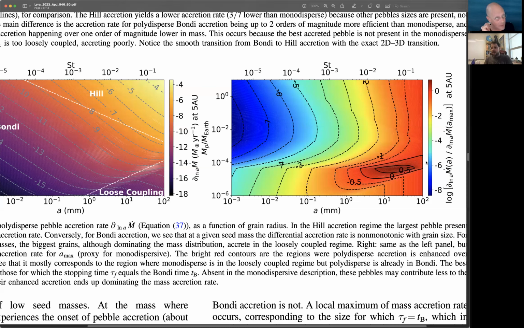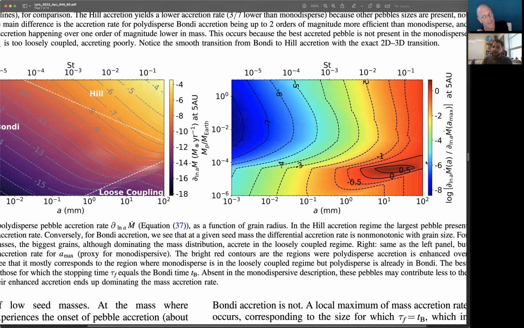So it's a bigger pebble that is essentially in the planetesimal accretion regime. That is not going to accrete as well as a smaller pebble that is marginally coupled and therefore suffering more drag.